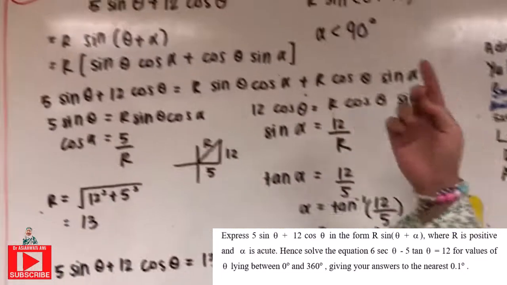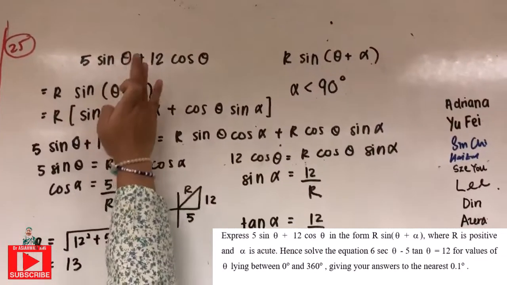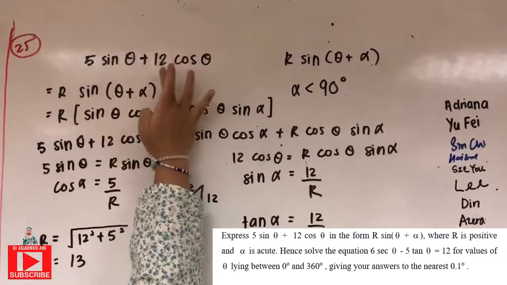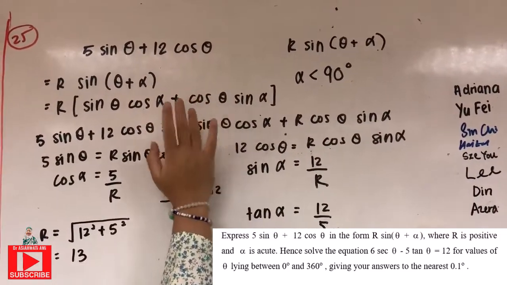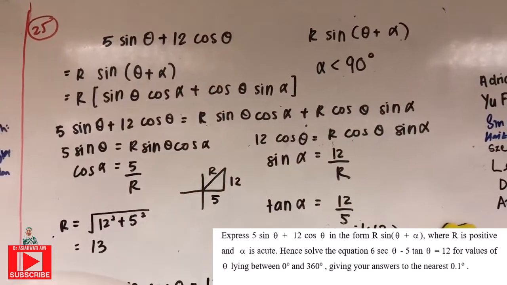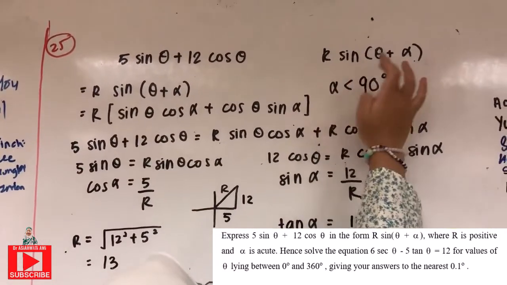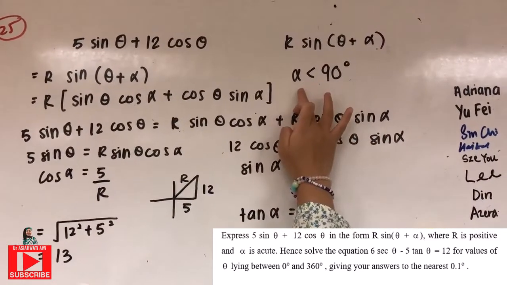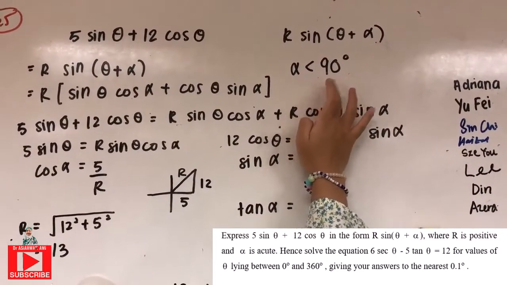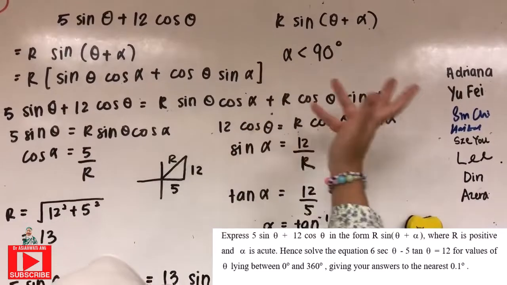So question 25 tutorial. Given 5 sin theta plus 12 cos theta can be expressed in r sin theta plus alpha, and it is said that alpha has to be less than 90 degrees, or an acute angle.